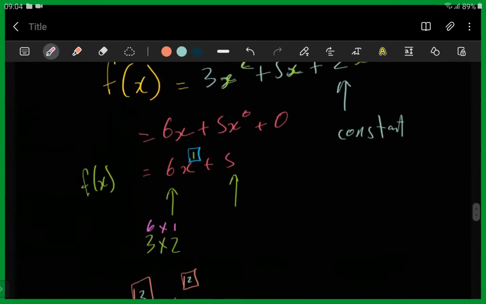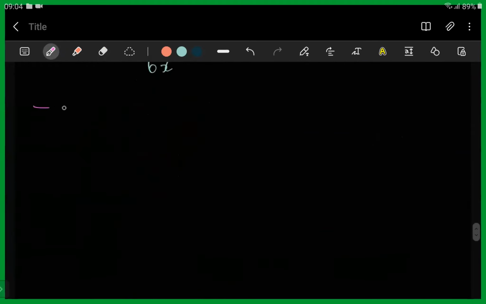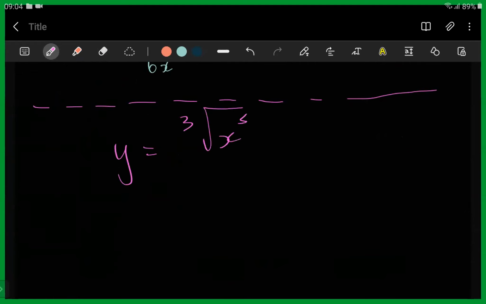Now the idea is, obviously this is where you need to know a few of the basics of simplifying. Like, for example, if you had an expression that maybe had y is equal to 3 square root of x to the power 5, and they want you to differentiate this equation, what you need to know is to rewrite this in a way that you can differentiate.